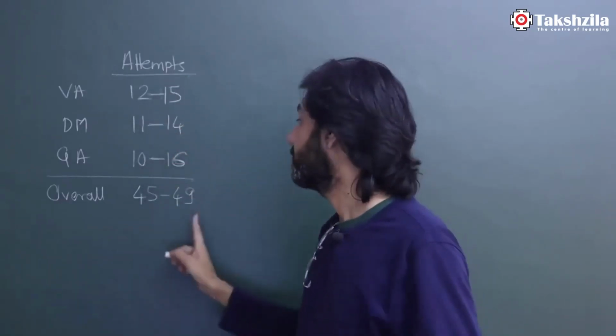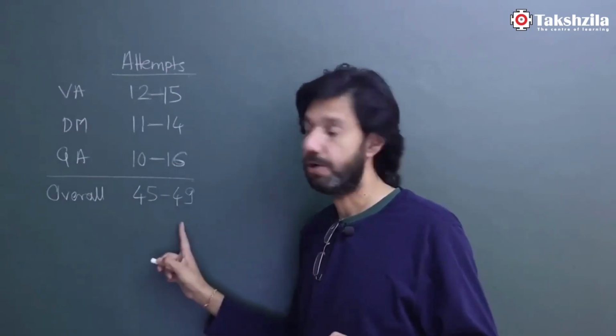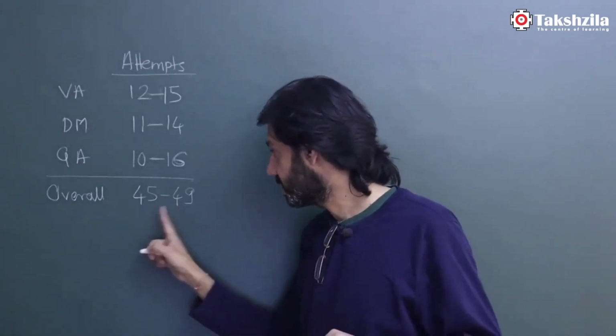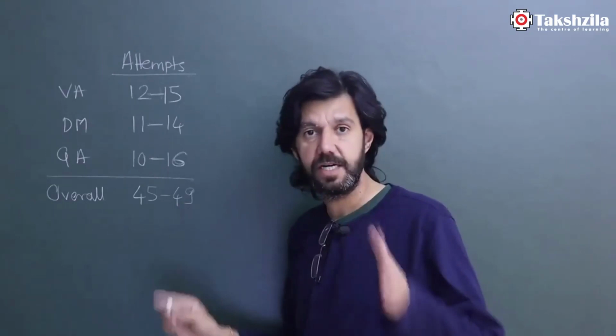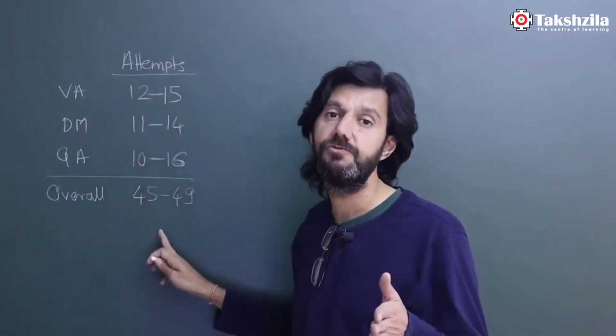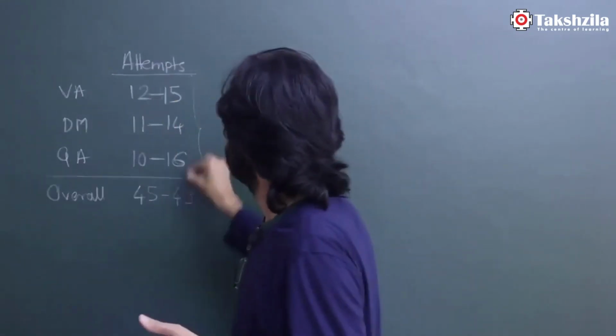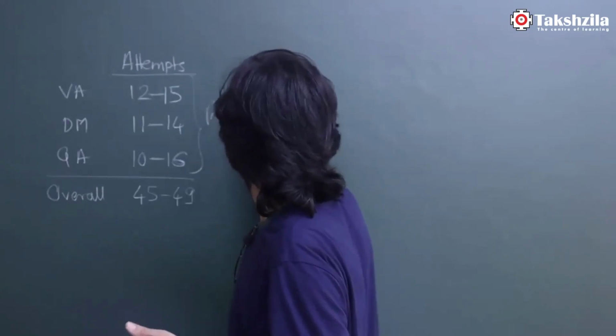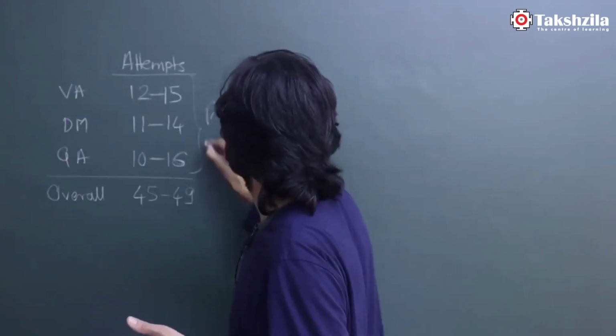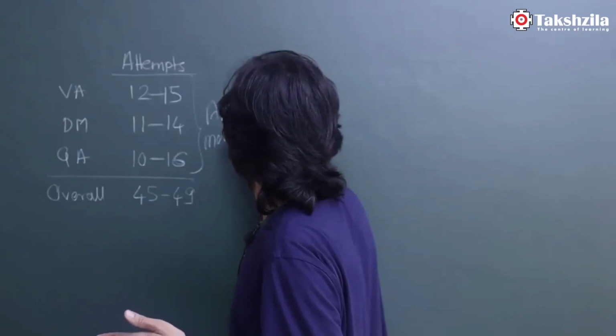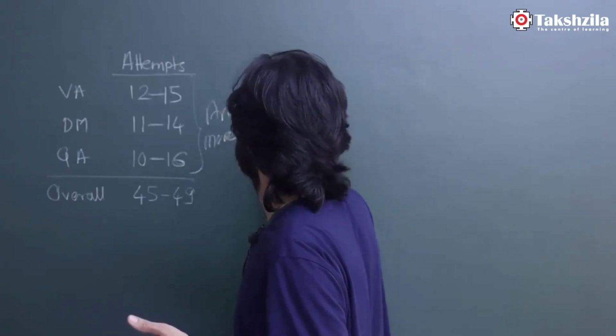But to receive an interview call, overall I need to do, let's say, 47. 39 I've already done, I have to do 47, so I have to do 8 more questions.